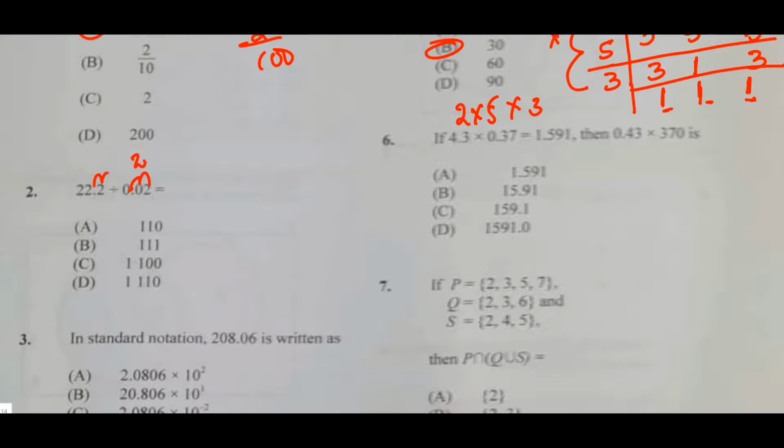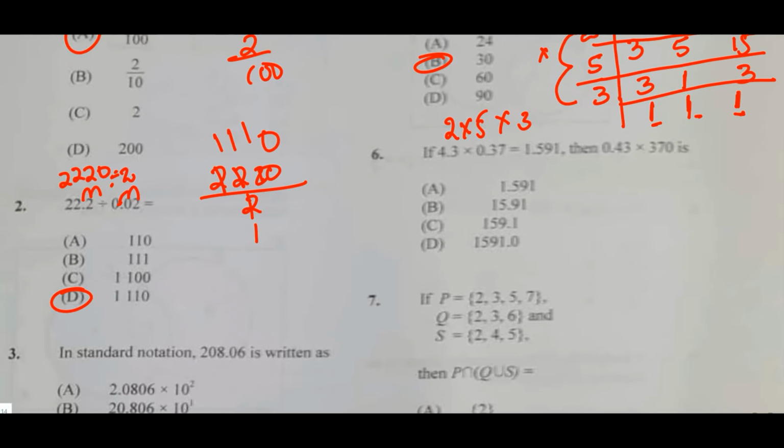So it now becomes 2,220. Divide by 2. So 2 into 2, 1, 1, 1, and 2 into 0, 0. So our answer would be D.